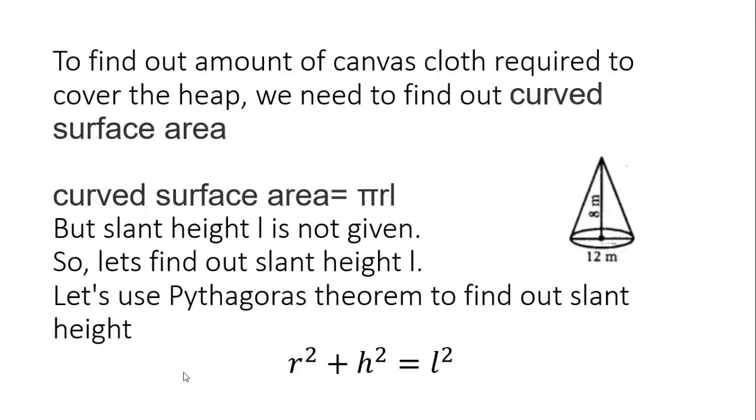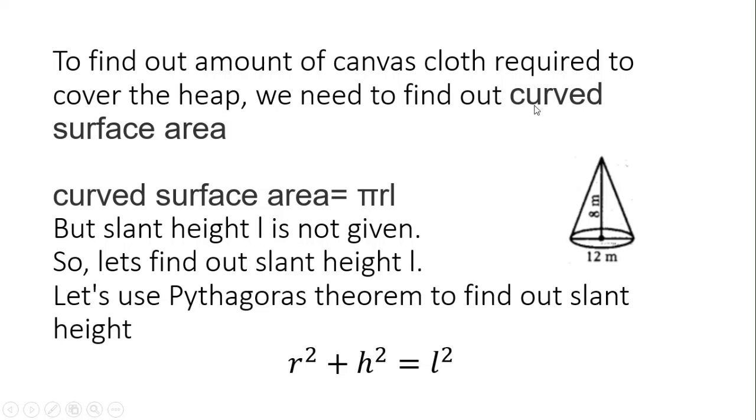We need to find out the amount of canvas cloth required to cover the heap. We need to find the total canvas cloth for covering that particular heap. So when we want to find the canvas cloth, we need to find the curved surface area. This is the curved surface area. Yes or no?